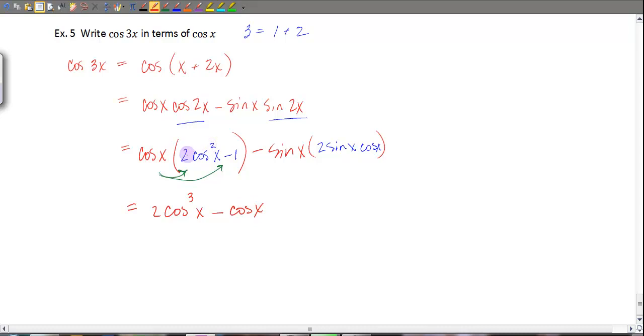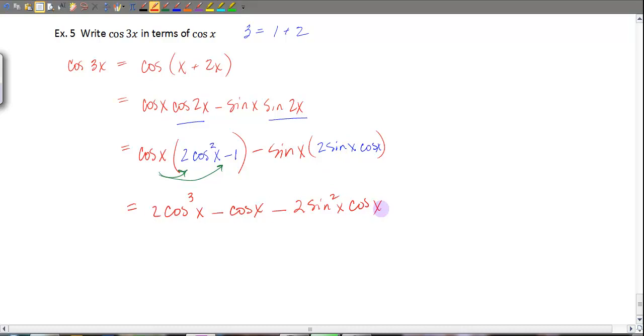Cosine x times this first term: cosine times cosine squared is cosine cubed. And then cosine x minus 1 is this. Minus. Now, when I multiply sine into this whole thing right here, that's going to give me 2 sine squared x cosine x, because a sine times a sine is just simply sine squared x.